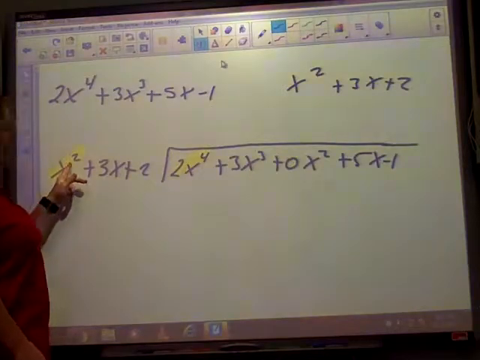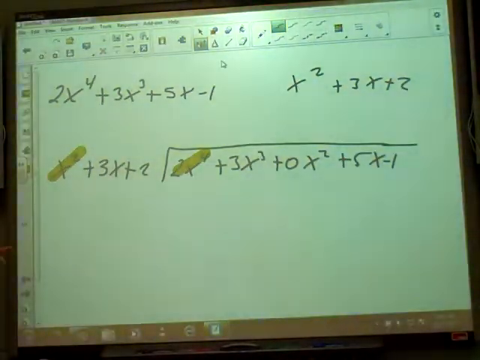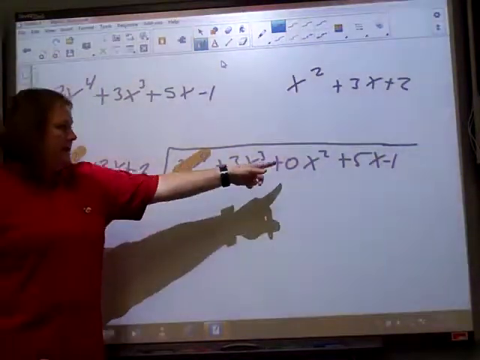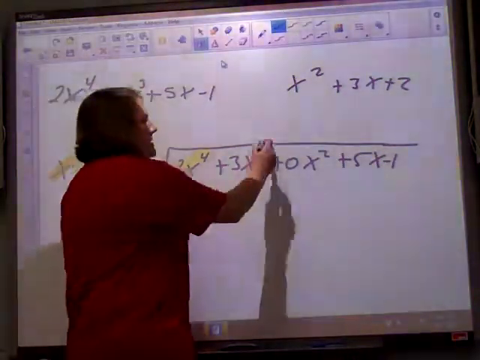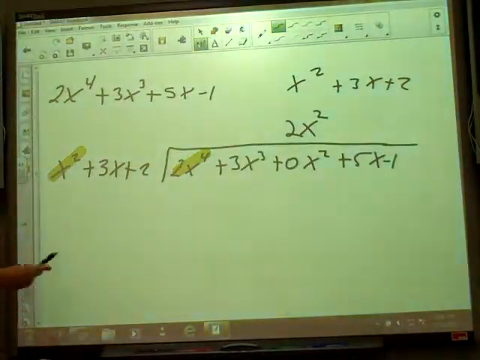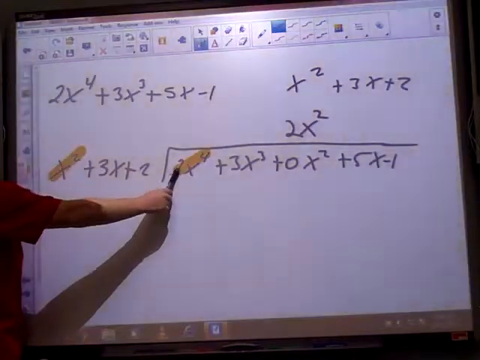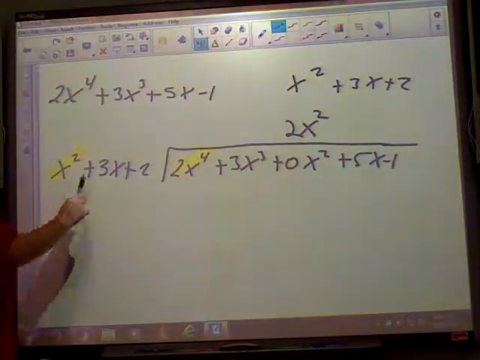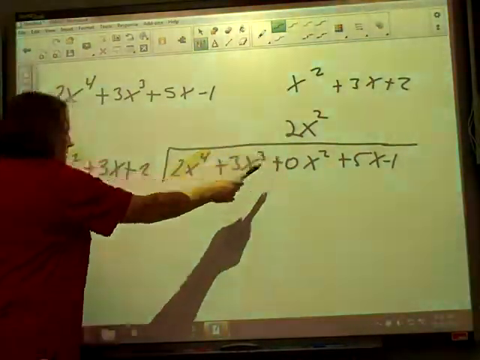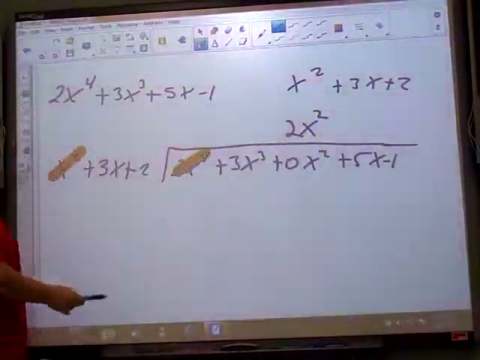And then to get from an x squared to an x to the fourth, it would have to be 2x squared. So above my x squared, I'm going to write 2x squared, because I'm trying to multiply this by something to get this. So it has to be 1 times 2 to get a 2. X squared times x squared gets you the x to the fourth.